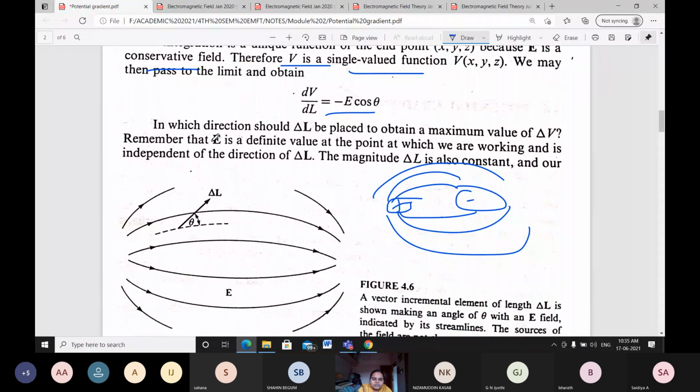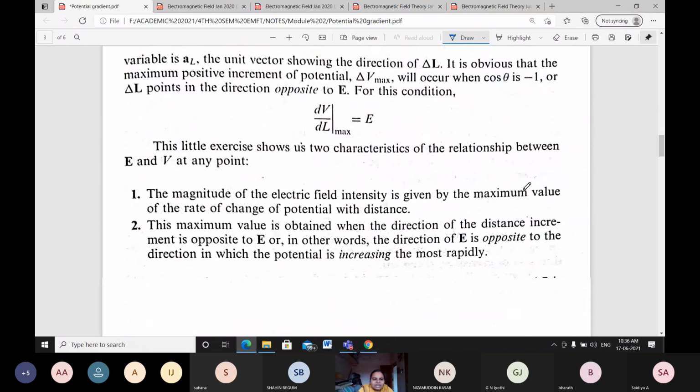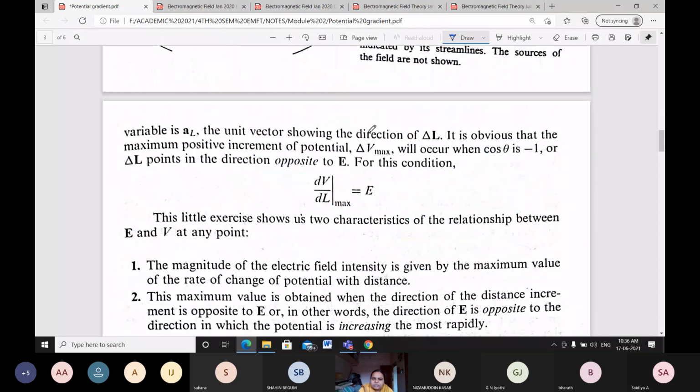The electric field intensity E is a definite value at the point where we are working, independent of the path, and it is independent of the direction of delta L. Therefore, the magnitude of delta L is also a constant, and a variable aL, the unit vector, shows the direction of delta L only.